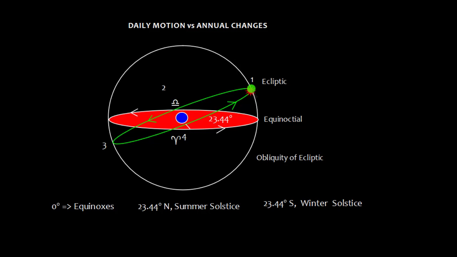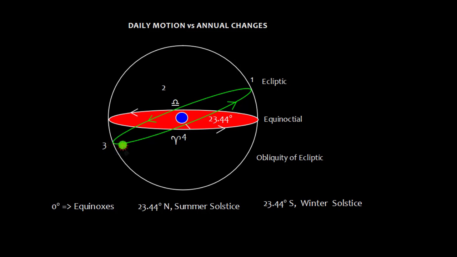Here the declination of the sun will be 23.44 degrees north. The declination depends on the obliquity of ecliptic, which we have just studied. And here the declination of the sun will be 0. Then the declination of the sun starts moving, and it goes to south. And here at the winter solstice, the sun's declination will be 23.44 degrees south.